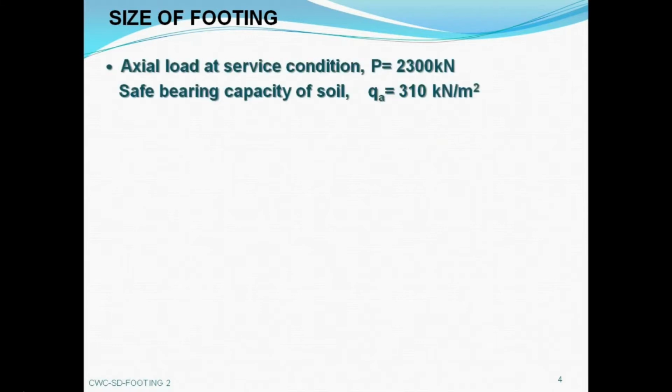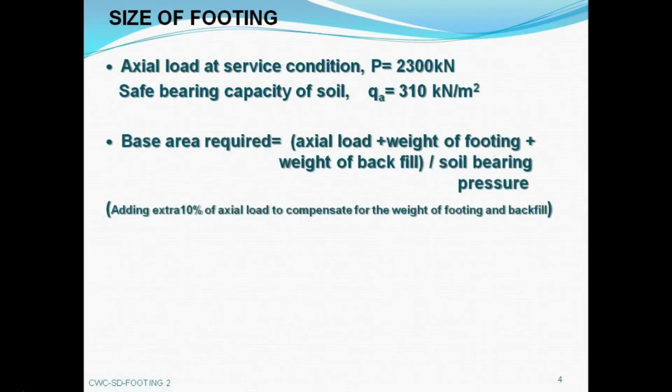The first step is to find the size of the footing. We have the details like axial load at service condition is equal to 2300 kN and safe bearing capacity of the soil is 310 kN per meter square. And we have the formula: base area required is equal to axial load plus weight of the footing plus weight of the backfill, whole divided by soil bearing pressure.